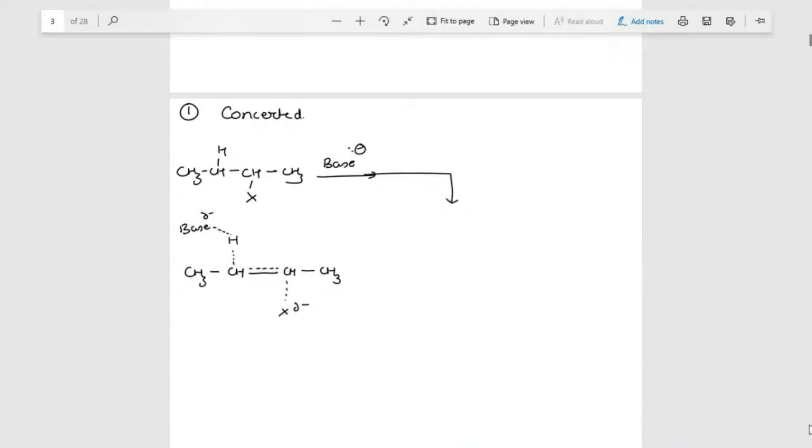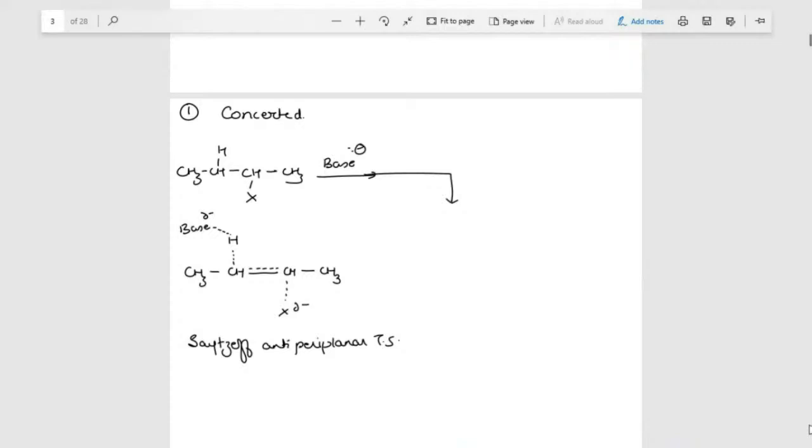So what I have drawn is the Zaitsev anti-periplanar transition state.